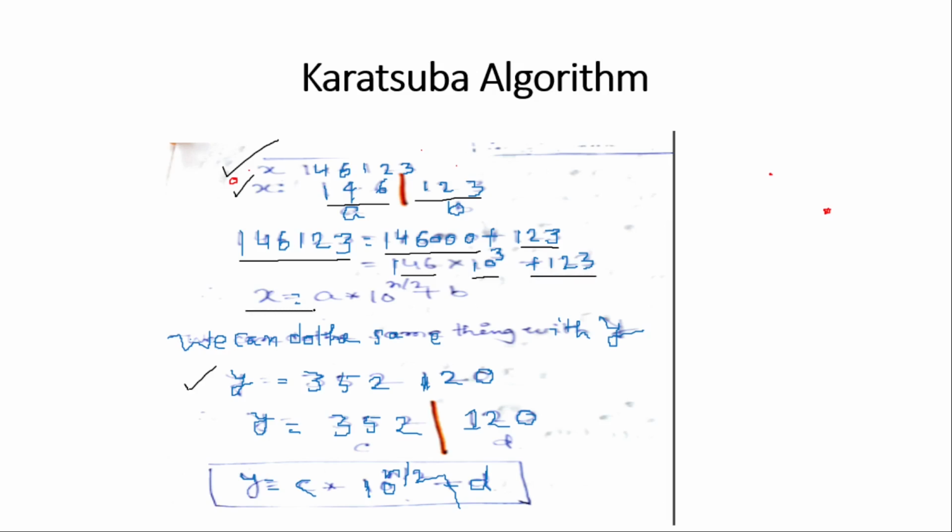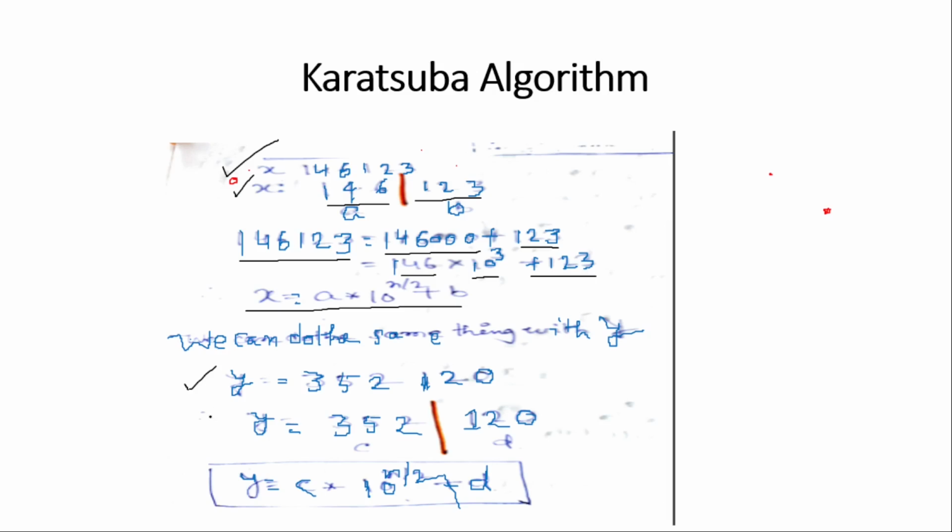In a generic form we can write x equal to a times 10 to the power n by 2 plus b, where n is the length of the number. In this case both numbers have length 6, so 6 by 2 is 3, that means 146 into 10 to the power 3 plus 123.